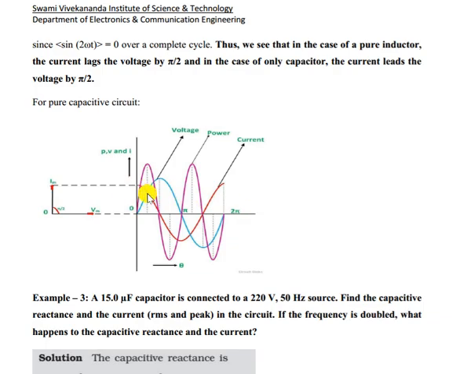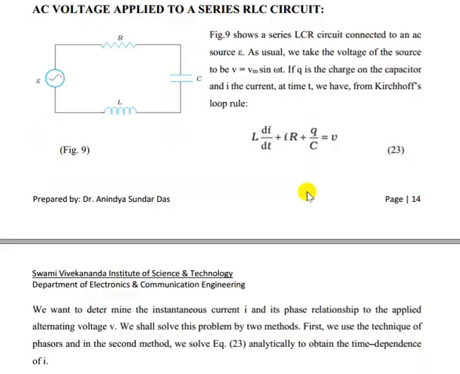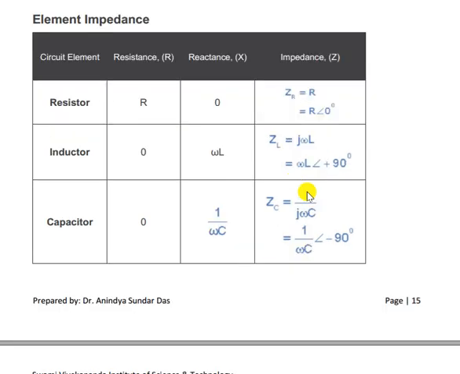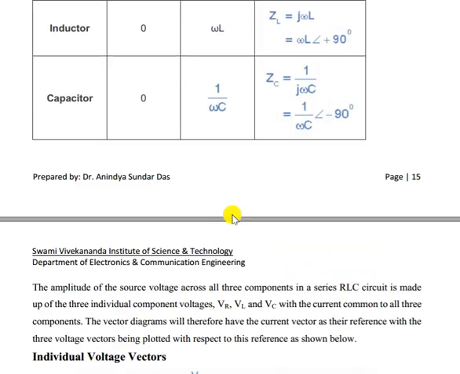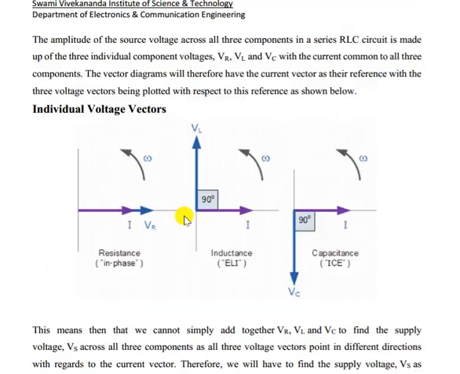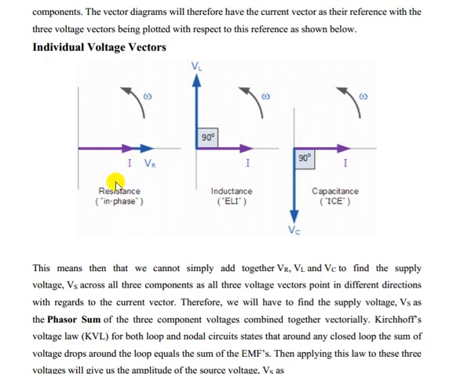So here current is leading. Voltage is lagging by 90 degrees. Now according to the phasor diagram, the voltage vector for the resistance VR and I are both in phase. For the inductor, what happens? Voltage is leading by 90 degrees. And for the capacitor, current is leading by 90 degrees from the voltage.